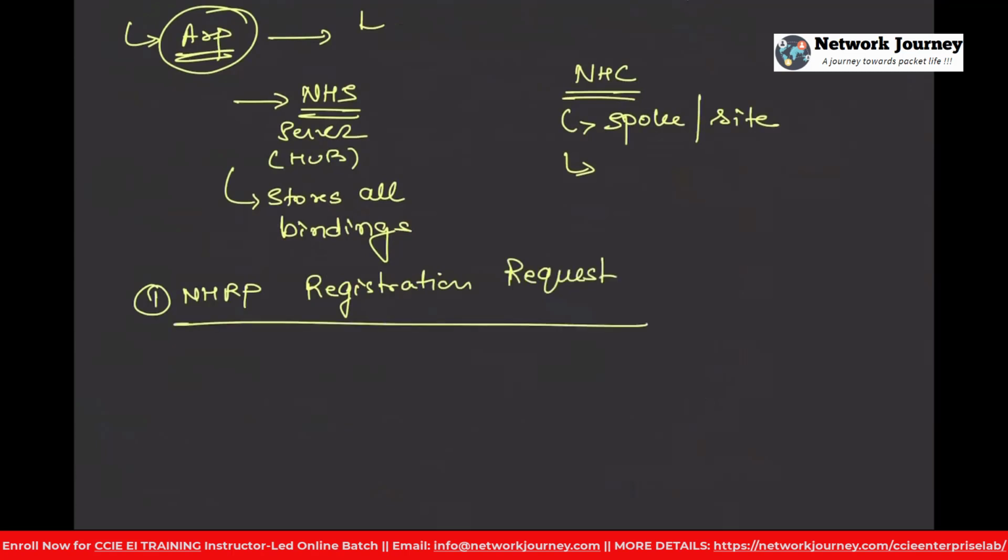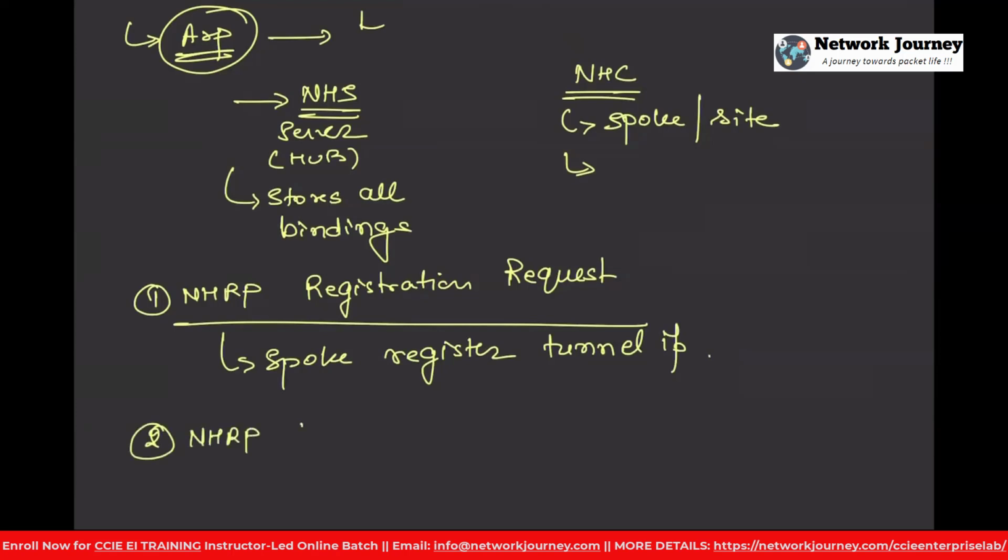It is sent by the spoke to the hub to register its tunnel IP and public IP. So this is the first message. Whenever any spoke comes online, it's going to send the registration message.